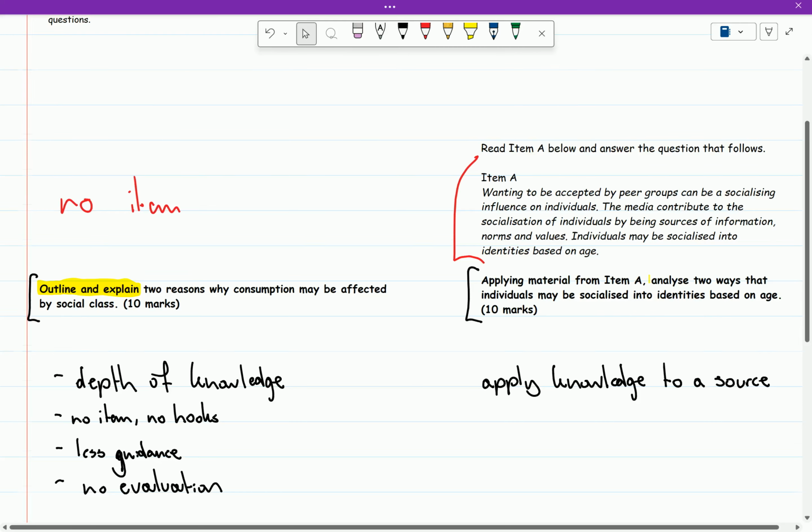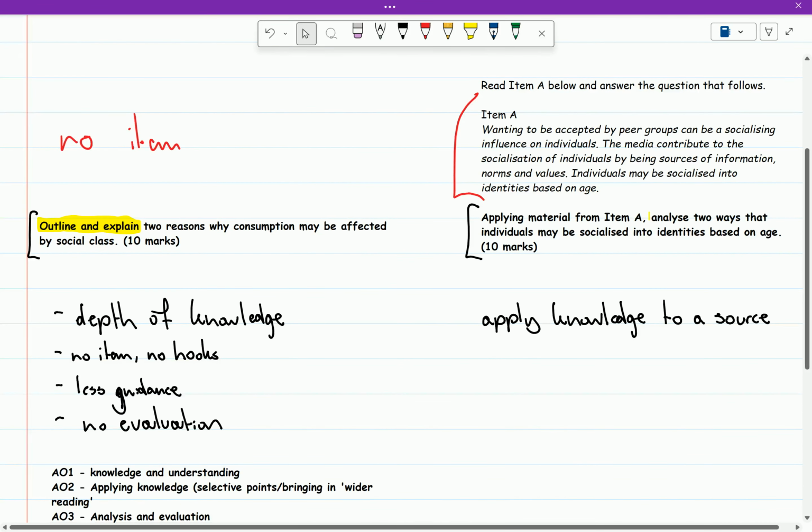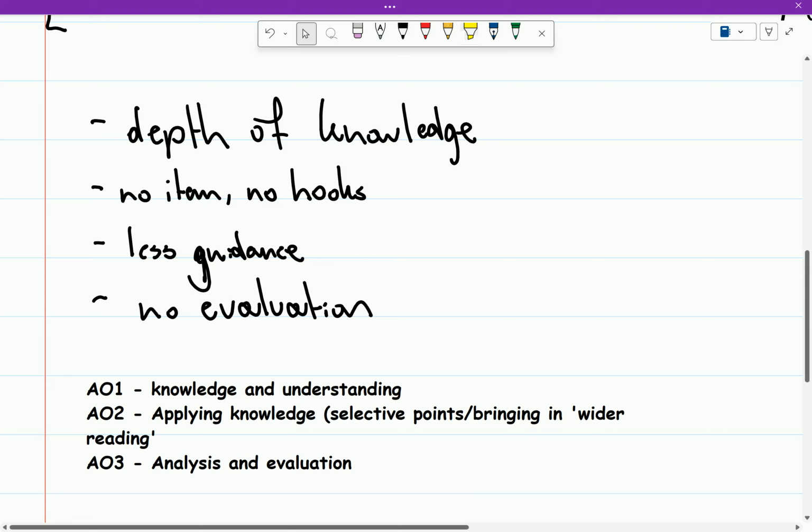The next thing we need to do is talk about the assessment objectives. So you can see here, you've most likely seen these before, and they kind of inform where your marks are going to come from for each question. So you have AO1, knowledge and understanding.